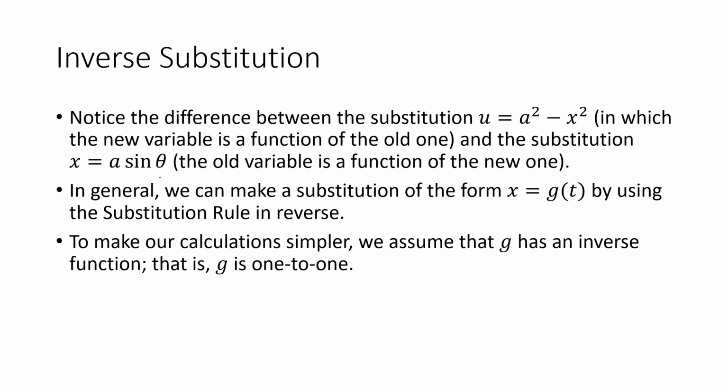We're doing it backwards: instead of writing the equation in terms of u, where we replace some expression with u, we're replacing the whole variable. So this is an inverted way of doing it. In general, we can make any substitution of the form x equals g of t by using the substitution rule in reverse, and we just have to be careful that what we're substituting is 1-to-1 so that we can do the inverse.